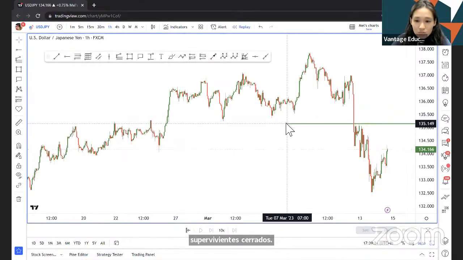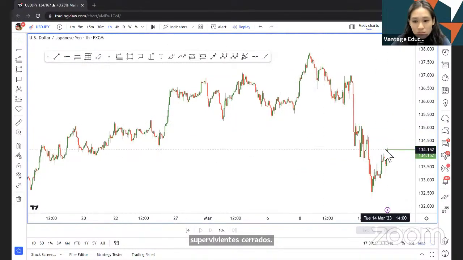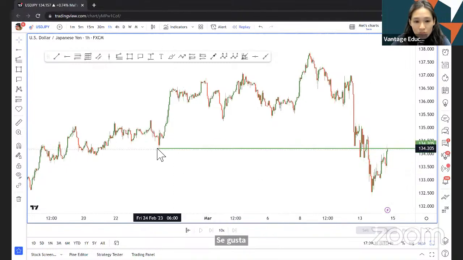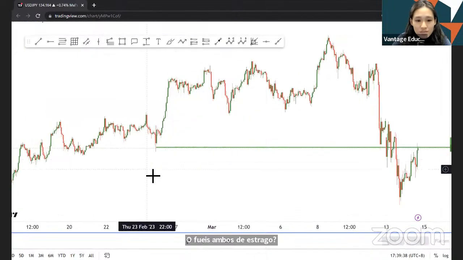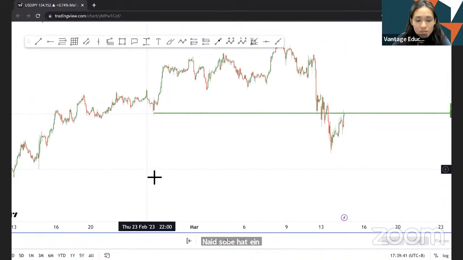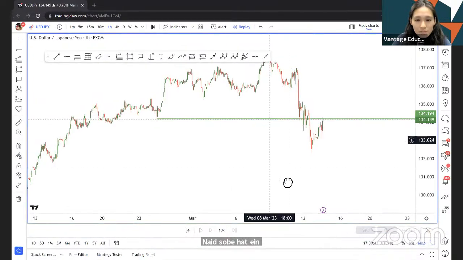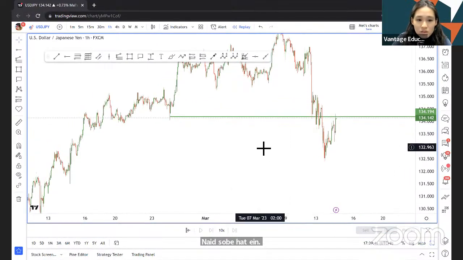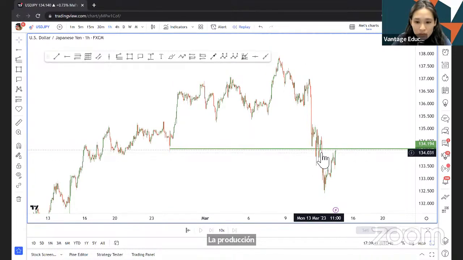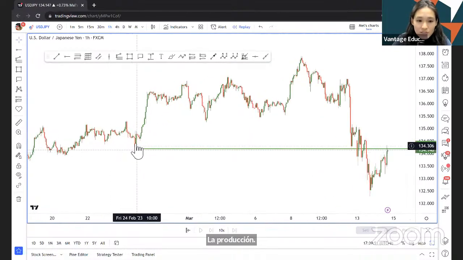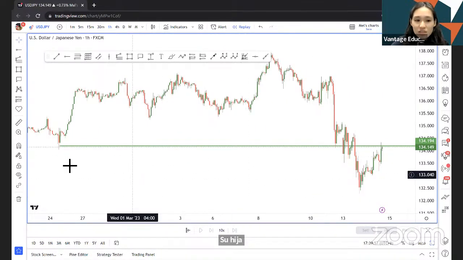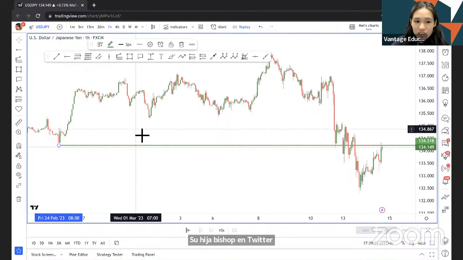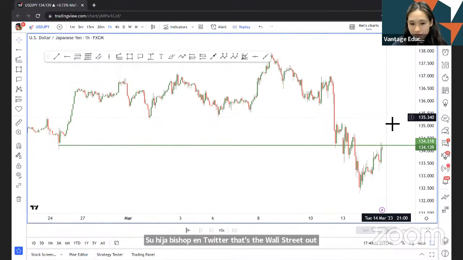If we start from, for example, this level, we have a swing low over here. Can someone tell me in the chat, what do you guys think about this support level? Do you guys think this support level is valid?